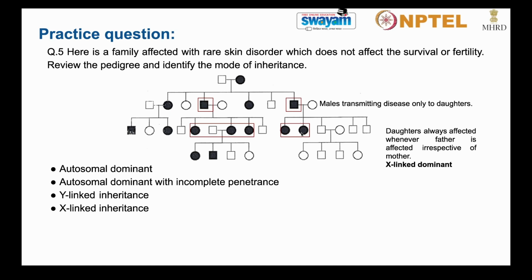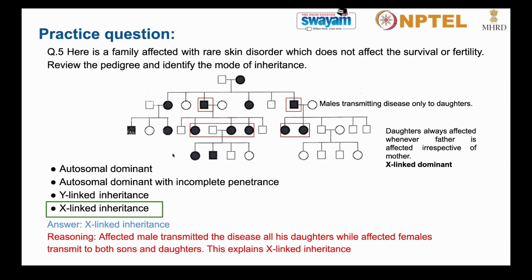And why is it dominant? Because even if the mother is normal, the daughters are still showing the disease phenotype. So it is X-linked dominant inheritance. Hence the correct answer will be option 4, which is X-linked inheritance, as affected males transmit the disease to all their daughters, while affected females transmit it to both the sons as well as daughters, because mothers have the X chromosome and they pass it both to their sons and daughters.